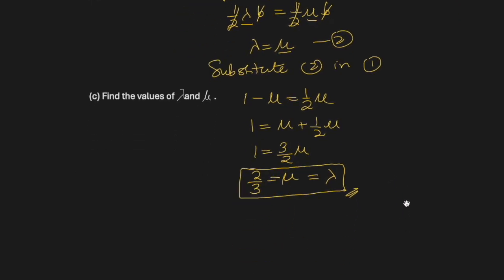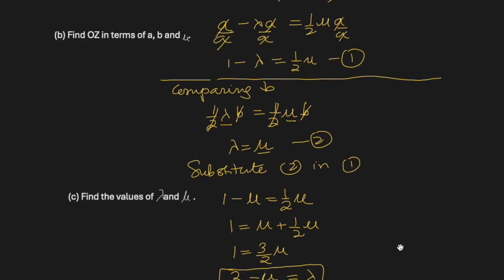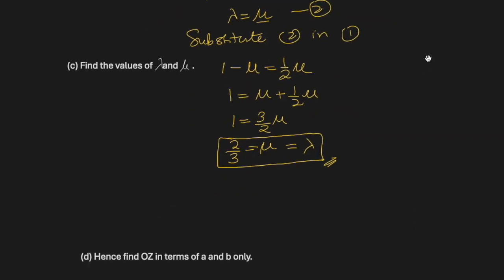Let's see, there's the D part also. Hence, write OZ in terms of A and B only. OZ, we had two equations. So OZ was this. This is the easier one, right? So we want to write in terms of A and B. In place of this mu, I will write its value 2/3. OZ was half mu (A plus B).